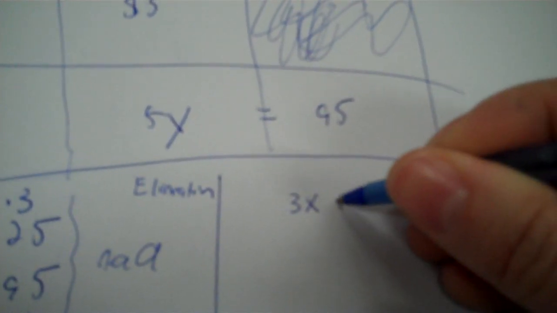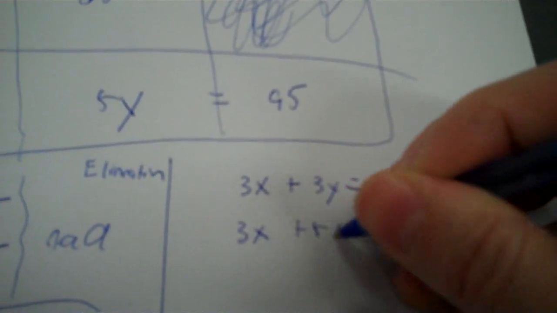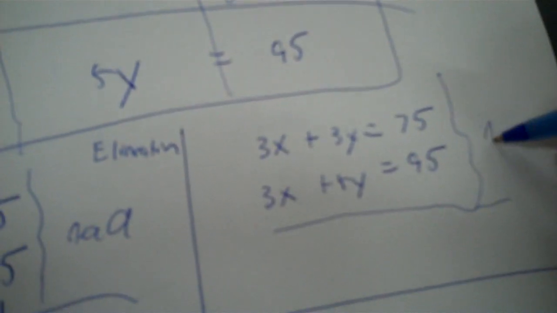So now I have 1x times 3, which is 3x, 1y times 3 is 3y, and 25 times 3 is 75. Now the bottom, you're going to have 3x, 5y times 1 is 5y, and 95 times 1 is 95. Okay, now set up your elimination again.